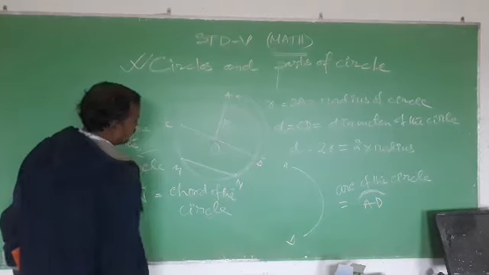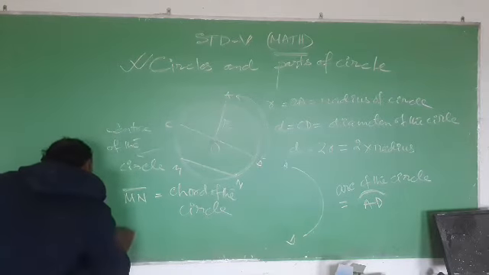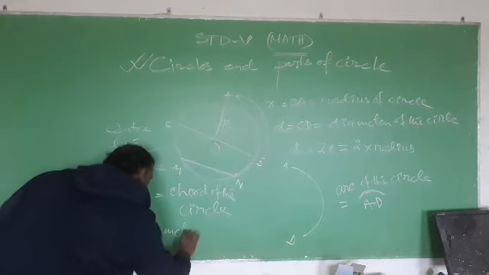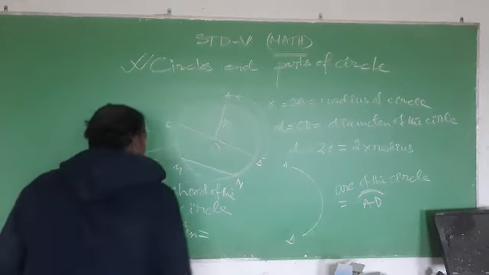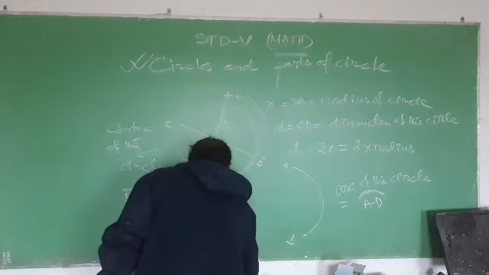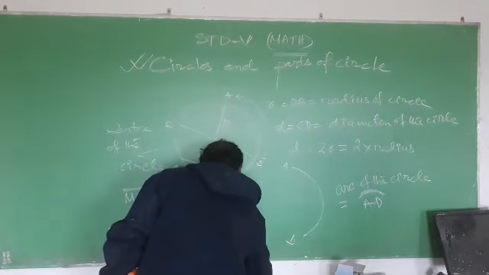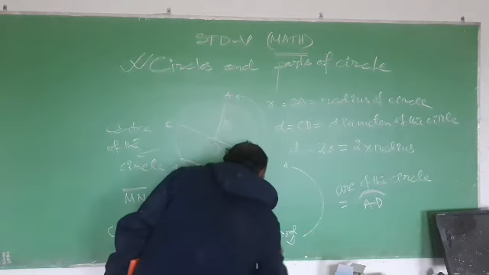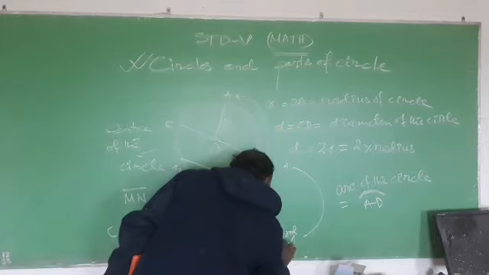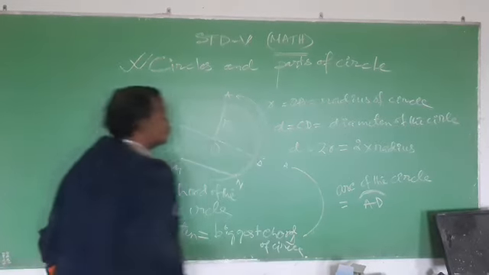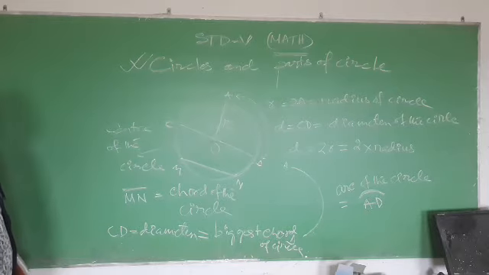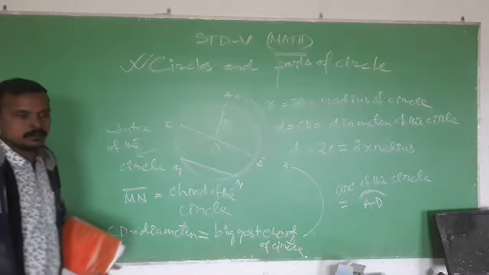CD is the diameter. ओके, AB एक chord है, this is the biggest chord of the circle. Okay, so these are the different parts you have to remember, right?